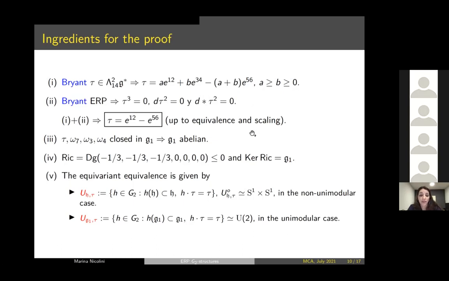We also use that the Ricci operator has this form, with negative and 0 eigenvalues. And also that the equivariant equivalence in both cases, unimodular and non-unimodular, is given by these two Lie groups.